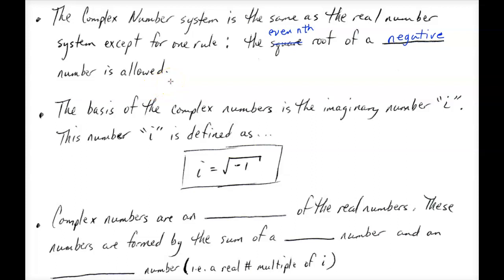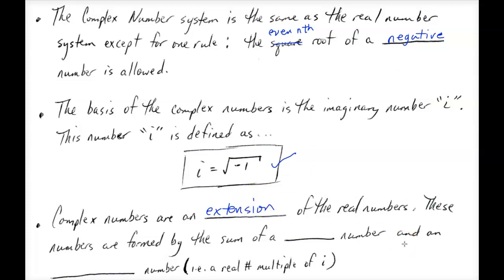But we use the square root as sort of a base to define this. So the basis of the complex numbers is an imaginary number i, and we define it as just the square root of -1, okay? And we know that the complex numbers are actually an extension of the real number system.